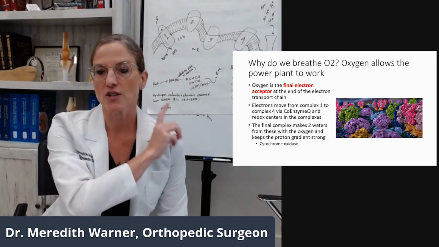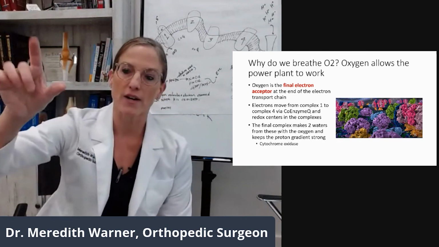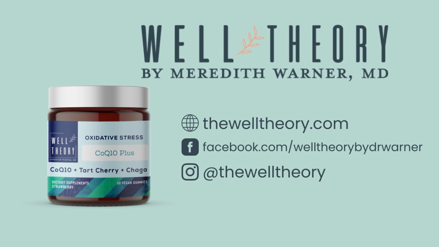It takes the energy from that, pushes it through these membranes, creates that proton gradient, and then you get energy. Well, unfortunately, the byproducts of this are going to be some reactive oxygen species, which we already named.